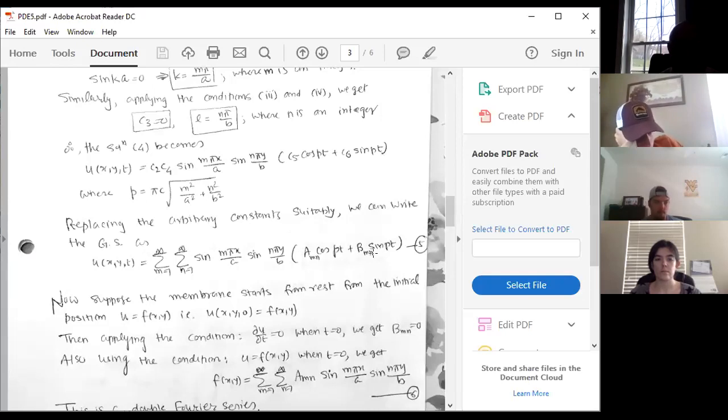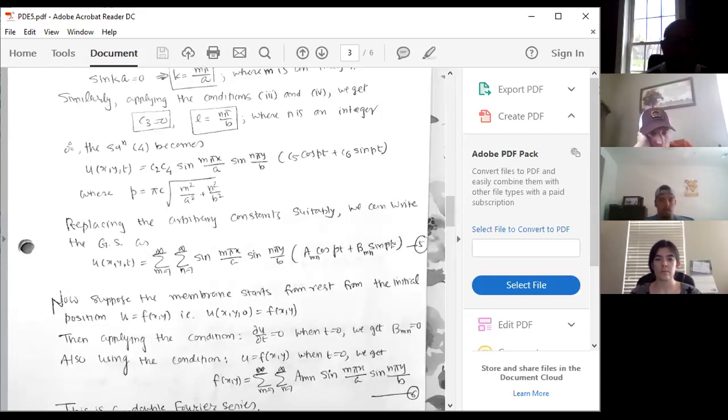So using all my boundary conditions, I got all my constants. Now I need to figure out what these constants A_mn and B_mn are. Once I'm done with A and B, we are done with the solution.